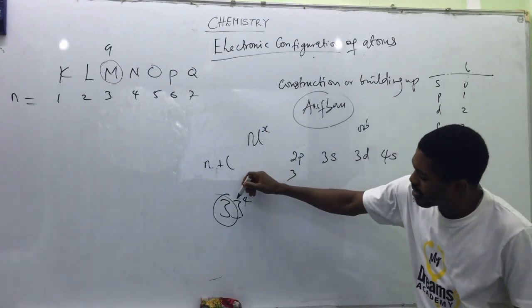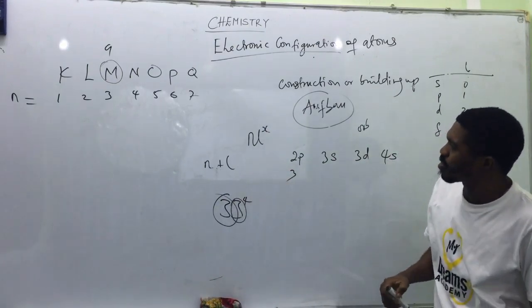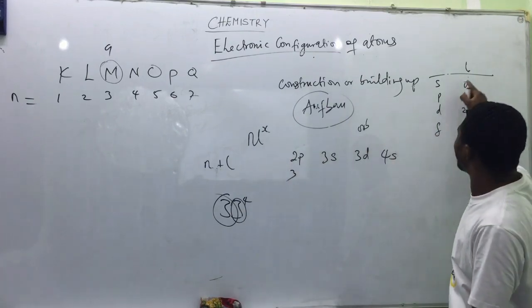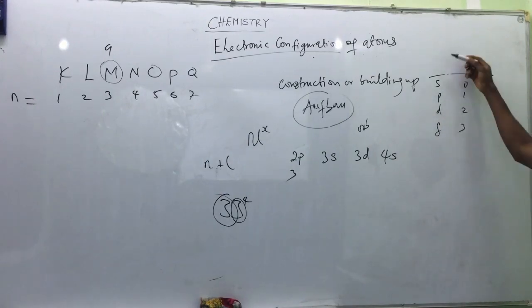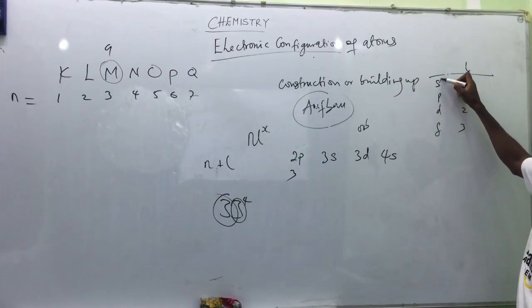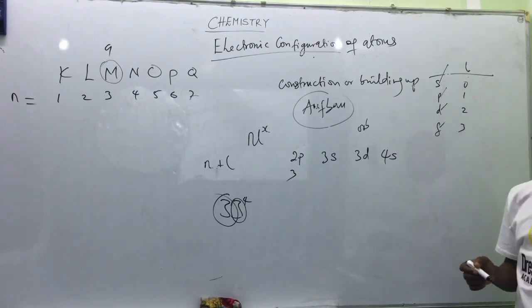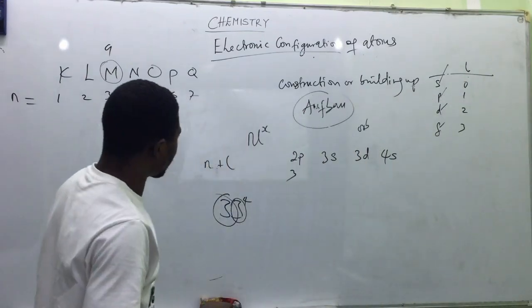That is why scientists defined spectral terms to describe these azimuthal quantum numbers. The spectral meaning of S is sharp, this one is principal, this one is diffuse, this one is fundamental. So now we look at it very well.